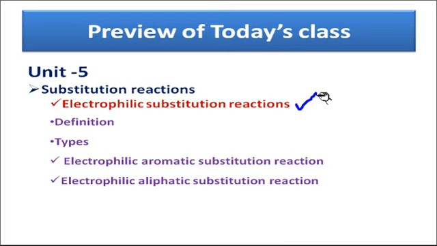So in today's class, we are going to learn about the electrophilic substitution reactions, in which we will discuss the definition of these reactions, and the types of electrophilic substitution reactions, in which we are going to learn about the electrophilic aromatic substitution reactions and the electrophilic aliphatic substitution reactions.